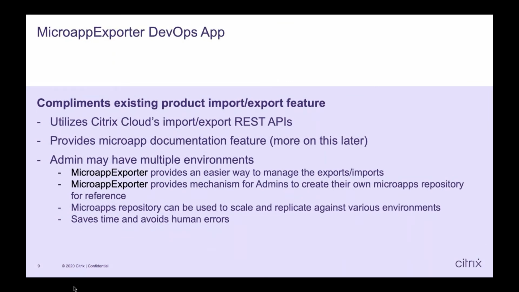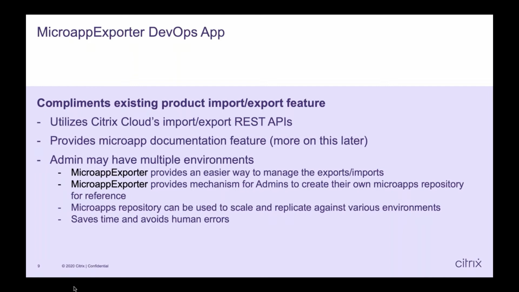So the MicroappExporter DevOps app complements the existing product import-export feature. It works in conjunction with the product's feature set, and it leverages the product's import-export APIs. It provides Microapp documentation. It's a key feature of the app. We have more on this later.